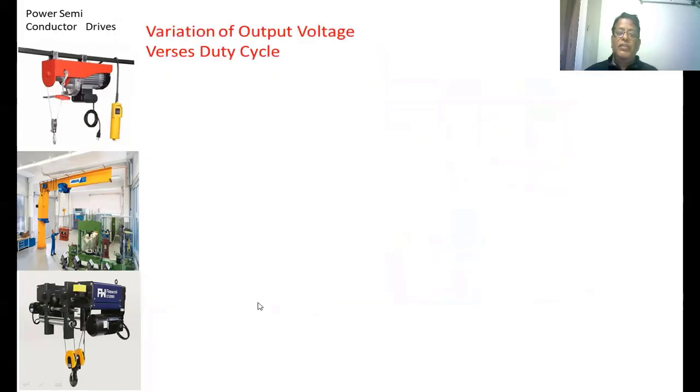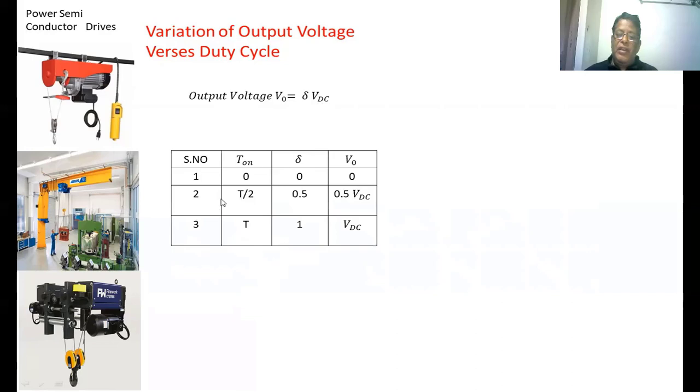Variation of output voltage versus the duty cycle. We already know the expression for the output voltage: V naught equals delta into VDC. We have taken three different values for T on. When T on equals 0, the delta value is 0 and the output voltage is 0.